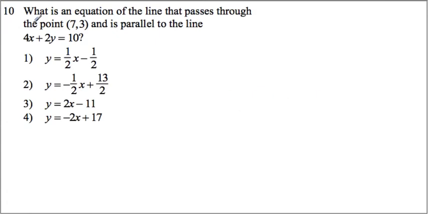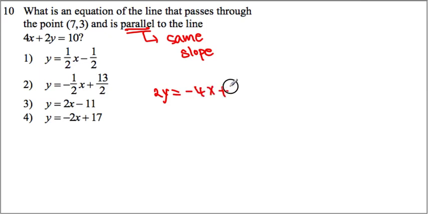Number 10. What is an equation of the line that passes through this point and is parallel to this one? The fact that it has to be parallel means we need to first find the slope, because the word parallel implies the same slope. Alright, then let's look at it. By subtracting 4x from both sides, we get 2y is equal to negative 4x plus 10.